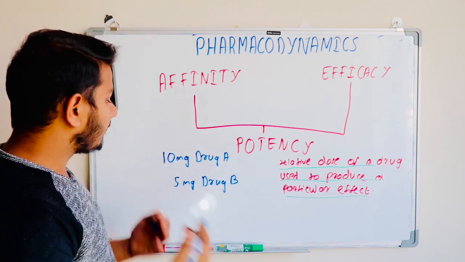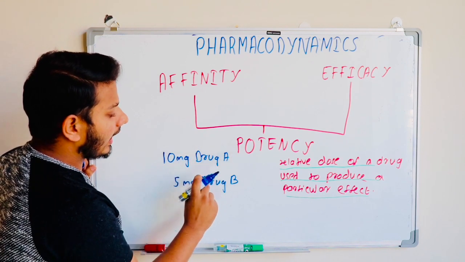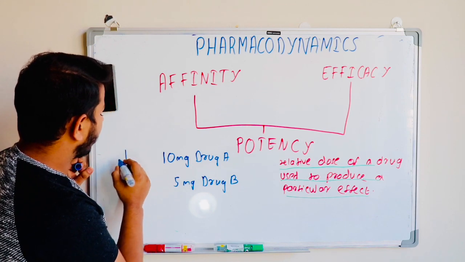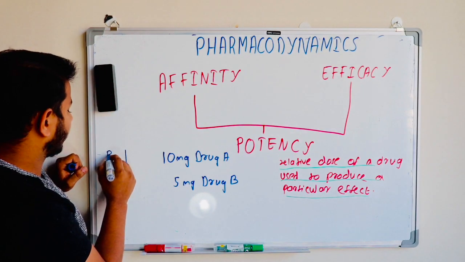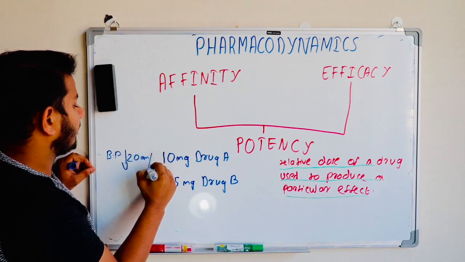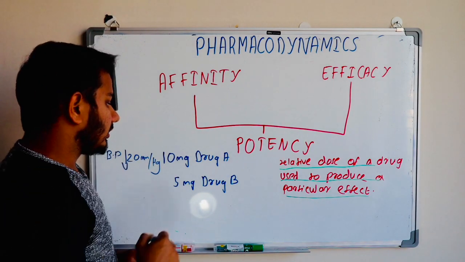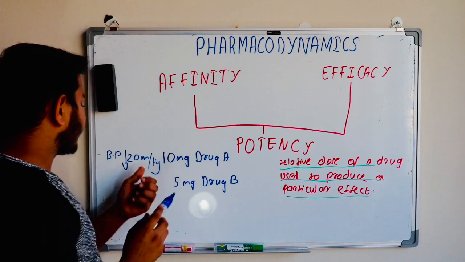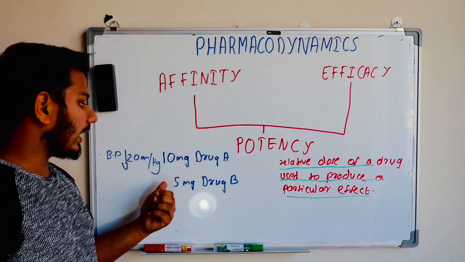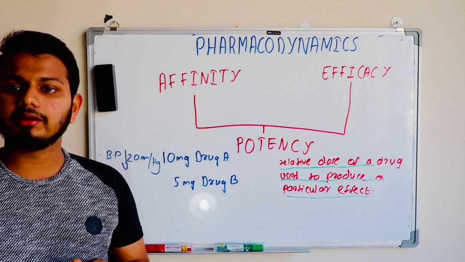Let's consider blood pressure. So 10 mg of drug A can reduce blood pressure by 20 mm Hg, and 5 mg of drug B can reduce blood pressure by 20 mm Hg.